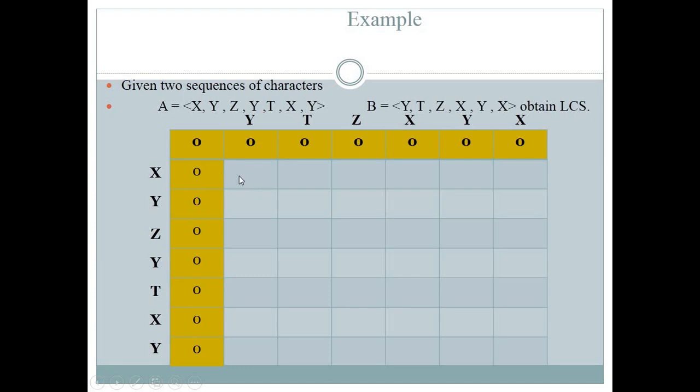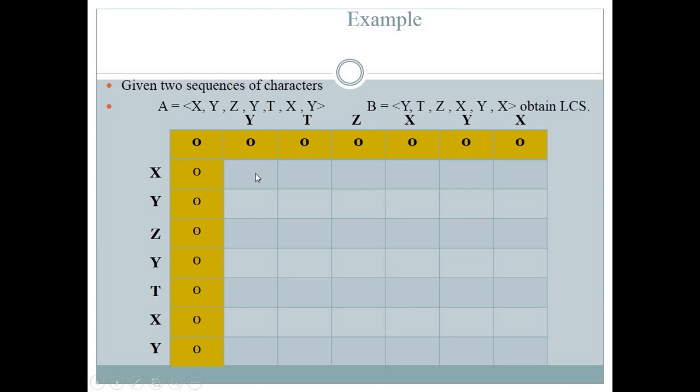Okay, for finding the match, we will start with this cell. In this cell we will check whether this value, which is X, and this value, which is Y, are matching or not. If they are not matching, then we will put a value which is the maximum from its above value or its left side value. So in that cell Y and X are not matching, and both the above value and left value are the same.